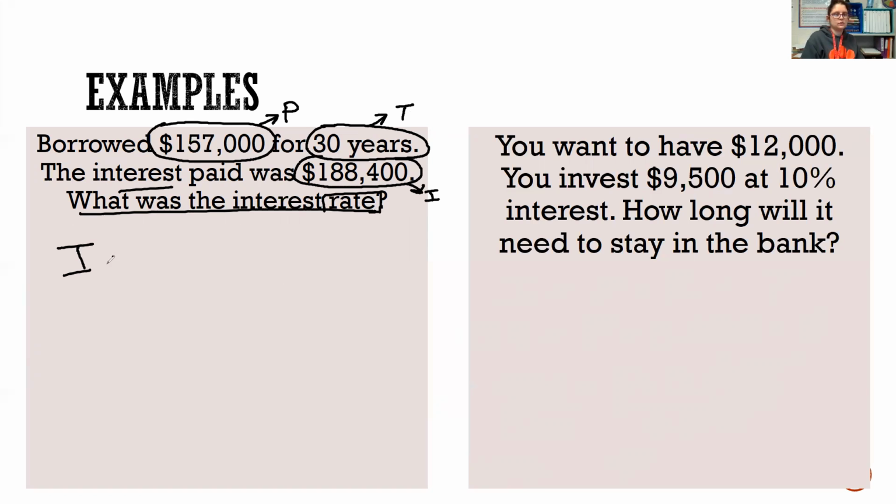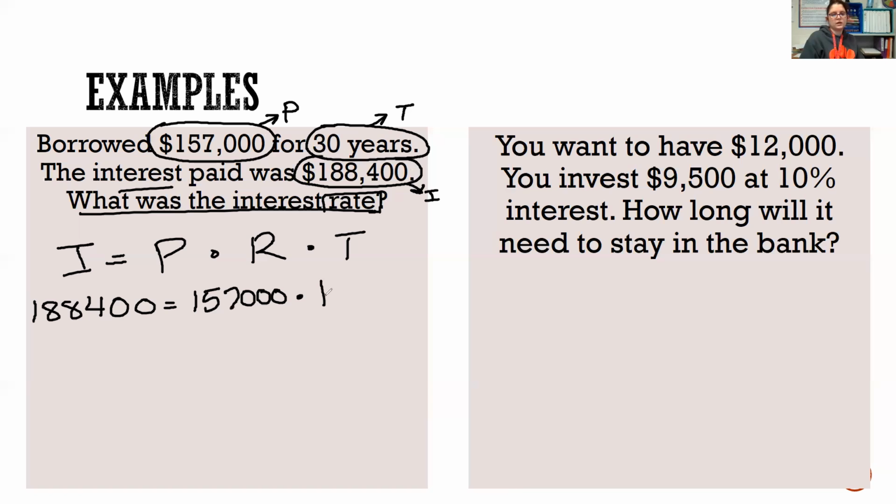So I equals P times R times T. Okay, your I is 188,400. Your principal is 157,000. We're looking for R, and our T is 30. Okay, we're going to start by multiplying these two together.